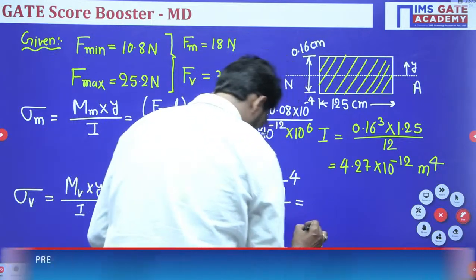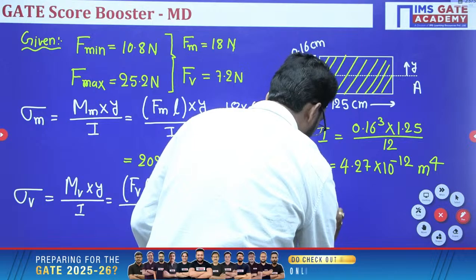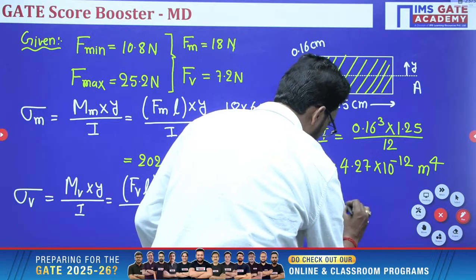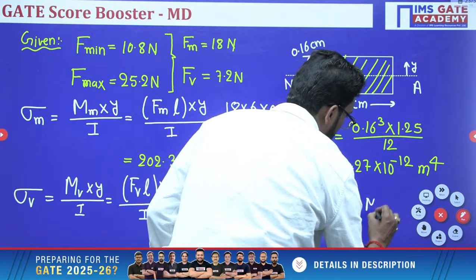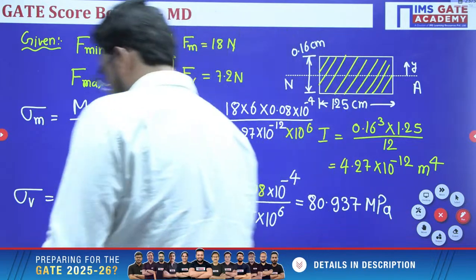So how much is it? This is 80.937 megapascal. So this is your variable maximum.